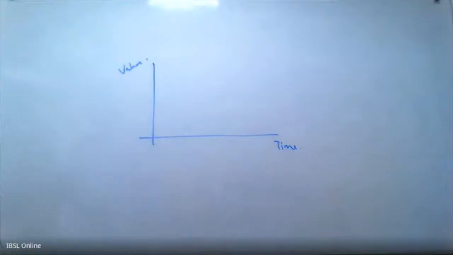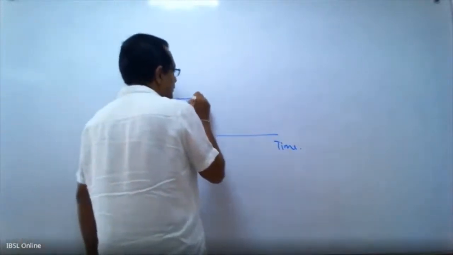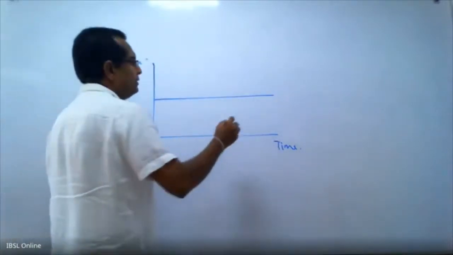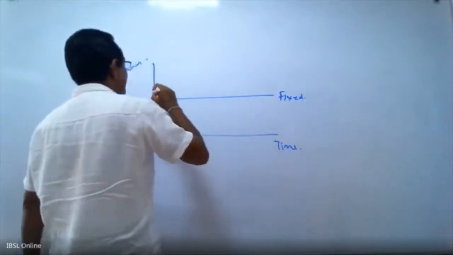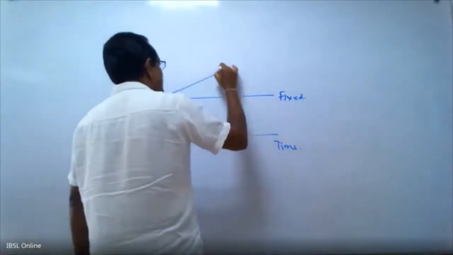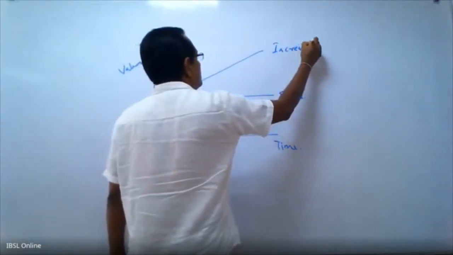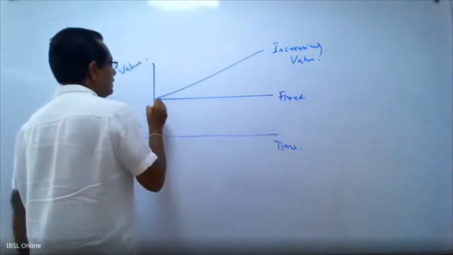When we talk about securities, we have four types of securities. Fixed value securities, this is fixed. Then we have increasing value securities.